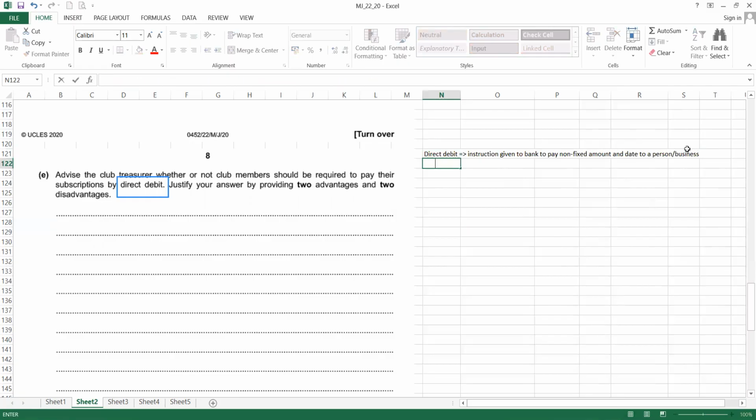Okay, normally direct debit is based on usage. For example, based on usage bill by merchant. Merchant means, for example, your mobile phone bill, like Maxis, all these ones, you can use direct debit for the payment.